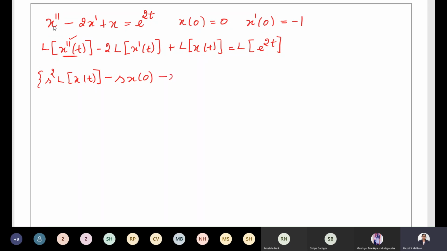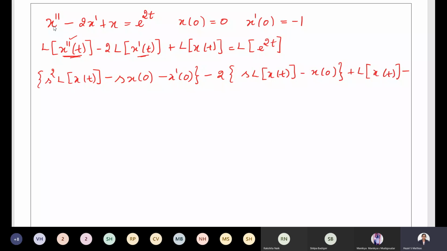And the constant term will be x dash of 0. This is using the expression for the Laplace transform of a second order derivative. Then minus 2 into, what is Laplace transform of x dash of t? It is s into Laplace transform of x of t minus x of 0. Then the last term, Laplace transform of x of t. That is equal to, what is the Laplace transform of e power 2t?